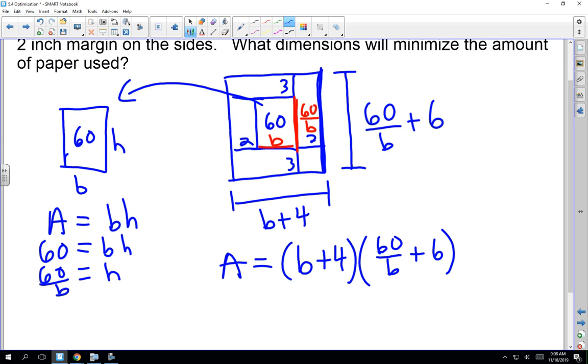So we're using the fact that this inner portion is an area of 60, so I can write an expression in terms of one variable, writing h equals 60 over b. You could have gone the other direction too. We're going to have an equation in terms of b. You could have one just as easily in terms of just h. It wouldn't matter. We're just looking for the dimensions that will minimize the amount.